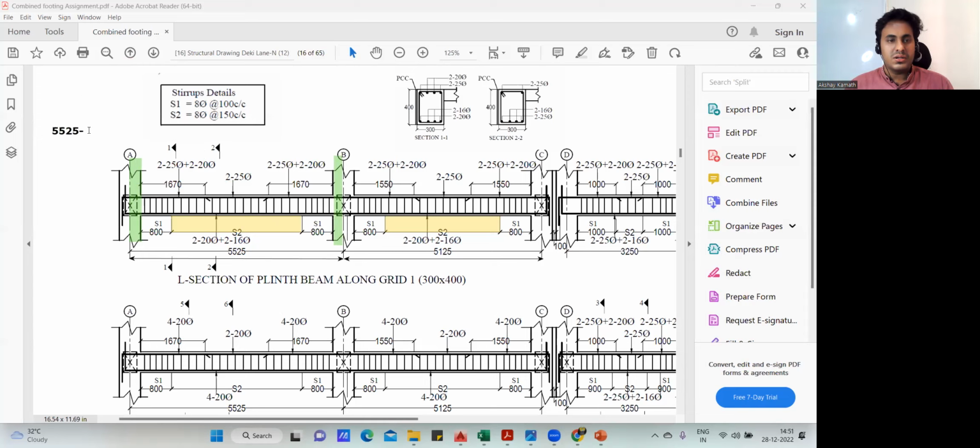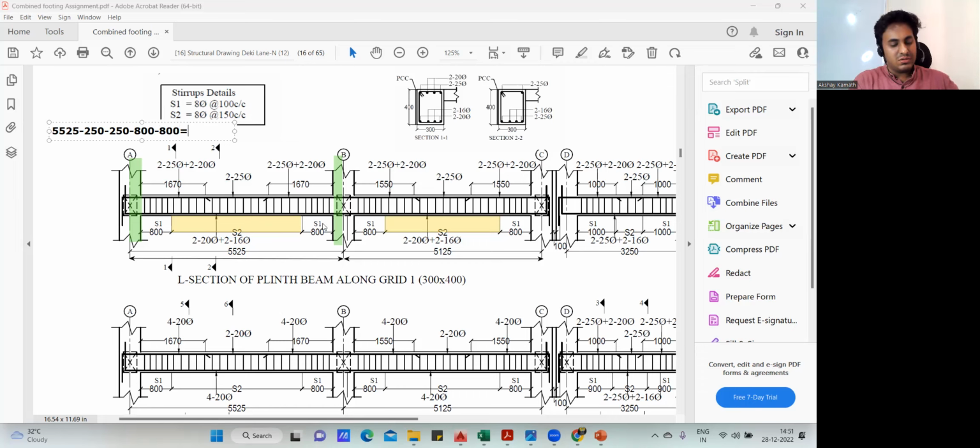Minus 250 from the left side, minus 250 from the right side. Already we require the center portion, no? This 800 we have already calculated from the left side. Right side 800 is also calculated. So minus 800 on the left side, minus 800 on the right side. Now you do this calculation, tell me how much answer you are getting.